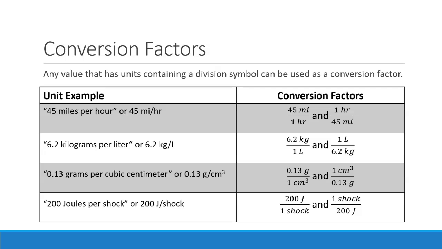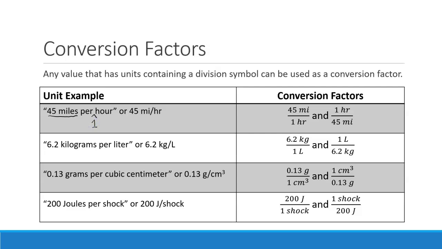So let's look at some other examples beyond equalities. Let's look at phrases and fractional units. Most of you have heard of miles per hour as a phrase. That can also be used as a conversion factor. What you have to remember is that the 45 goes with the miles, and then for per, we can insert 1 per 1 hour.